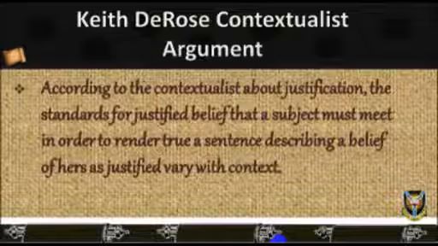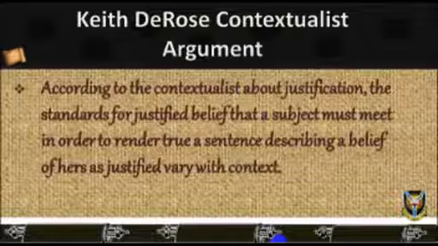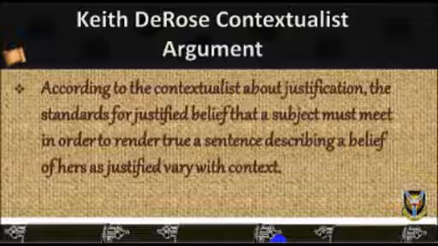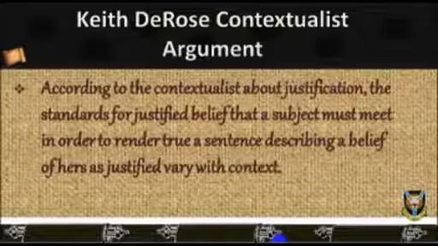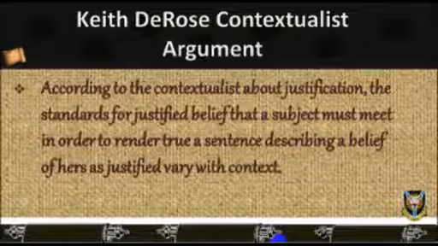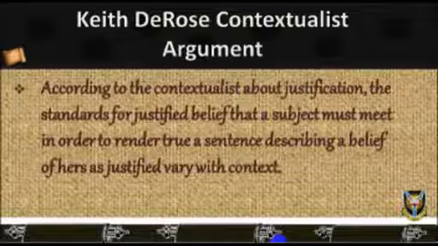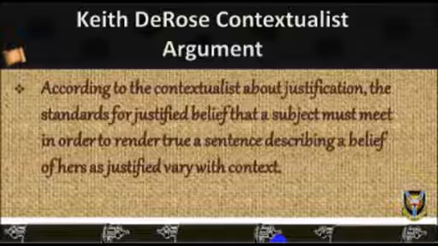Perhaps it is because the standards for justification vary with context that the standards for knowledge so vary. However, it's widely accepted today that more is needed for knowledge than simply justified true belief, and it may be a varying requirement for that something more that is reflected in the varying standard for knowledge, in addition to or instead of a varying standard for justification.